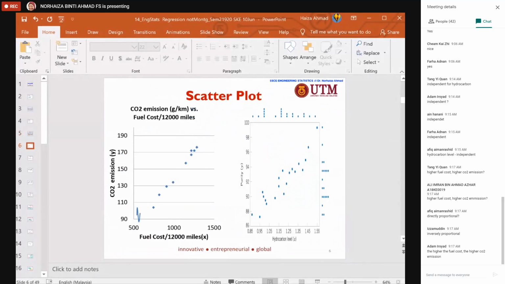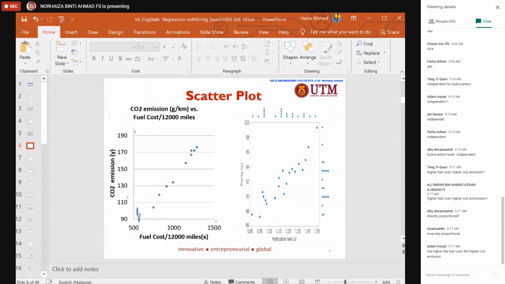One way to do this, if you want to really describe the whole data set, is to plot your data. Plotting data is a very important thing to do. From here you can see clearly what your data is saying to you. The data says that as the fuel cost becomes higher, your CO2 becomes higher as well. Okay.